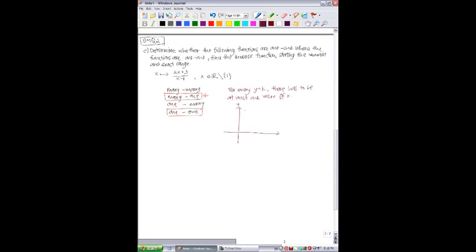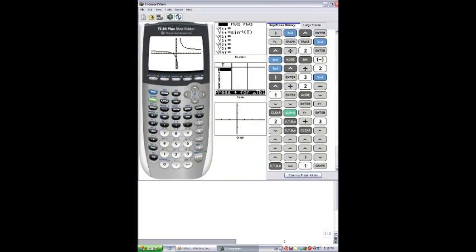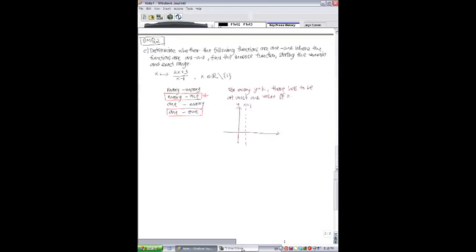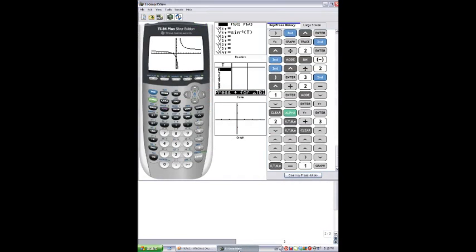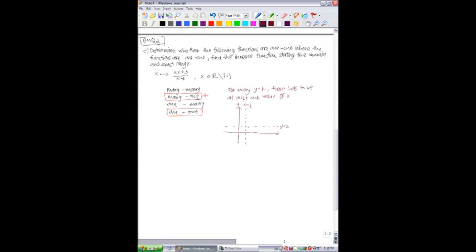So x equals 1 is an asymptote. And what else? y equals 2, sorry, is also an asymptote. And it looks something like this, and then label.